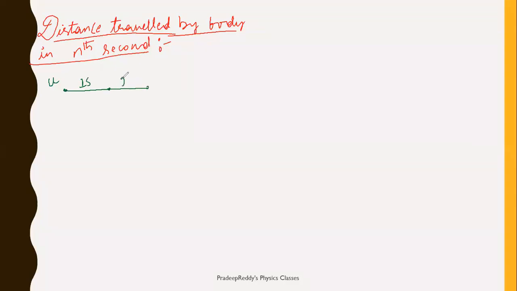In the second second, it is traveling this much distance. In the third second, it is traveling this much distance. Like that, in some particular nth second, how much is the distance traveled? You are supposed to calculate.